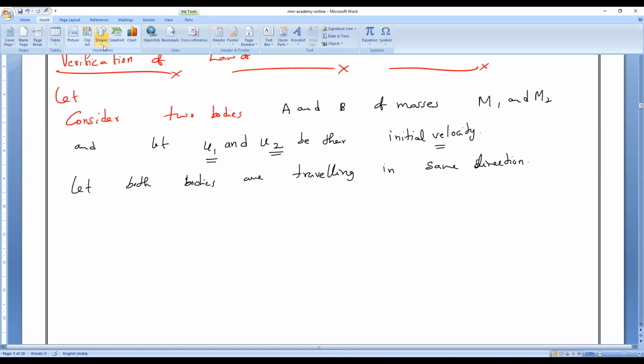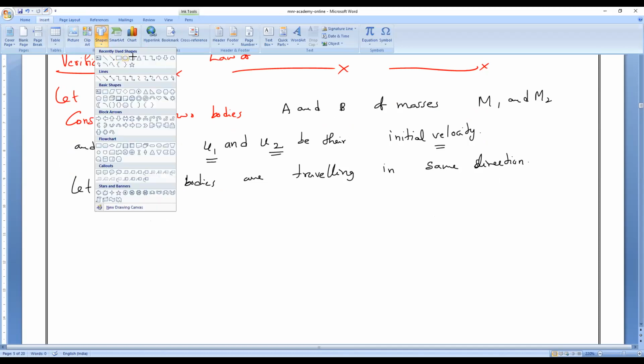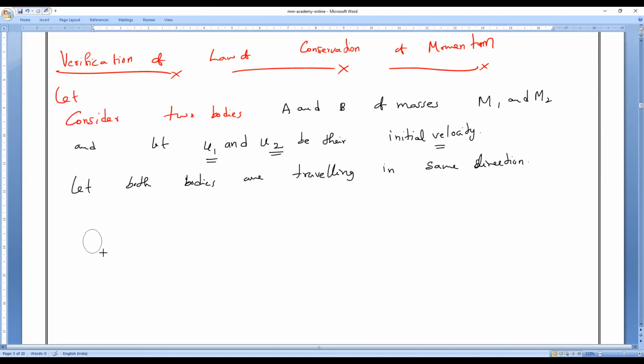Till here, let me draw the diagram so that you all can understand. So this is the A body, and this is the B body. Both are considered according to our data. This is A body and this is what body?